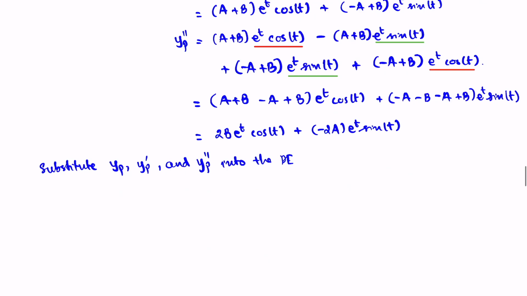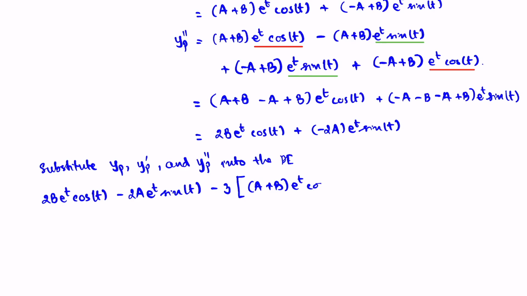So y double prime is 2b times e to the t times cosine of t minus 2a times e to the t times sine of t, minus 3y prime, that is minus 3 times (a plus b) times e to the t times cosine of t plus (negative a plus b) times e to the t times sine of t.